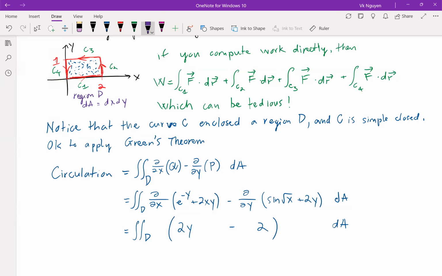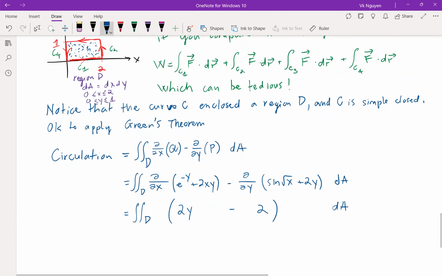If we set dx dy, then x goes between 0 and 2, y goes between 0 and 1. So the integral of 2y minus 2 dx dy.